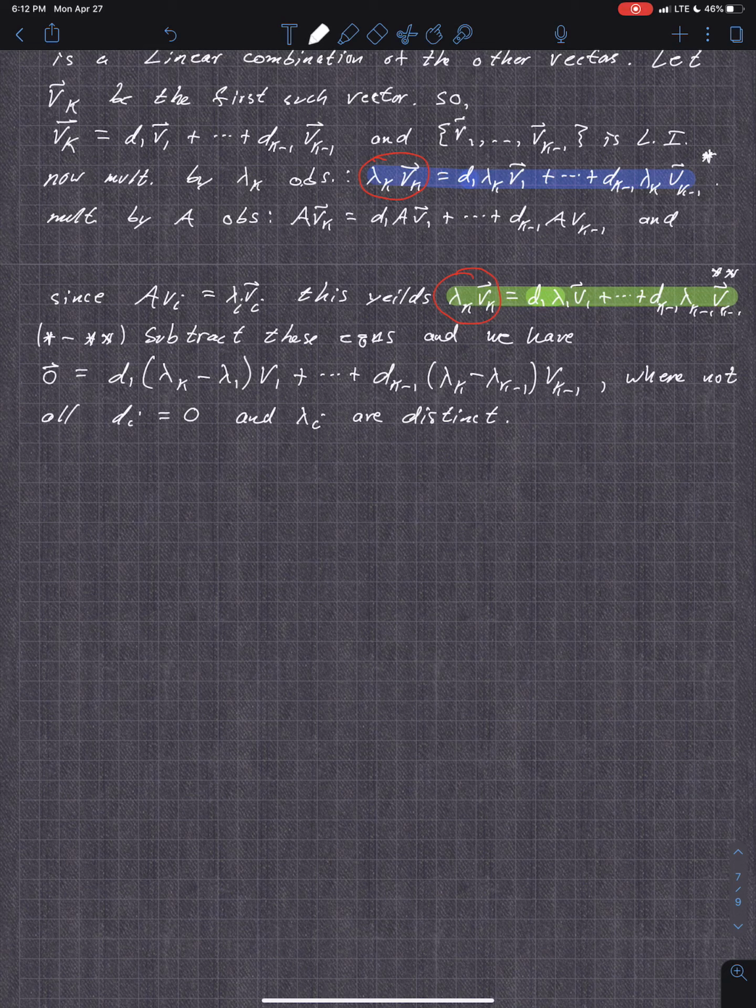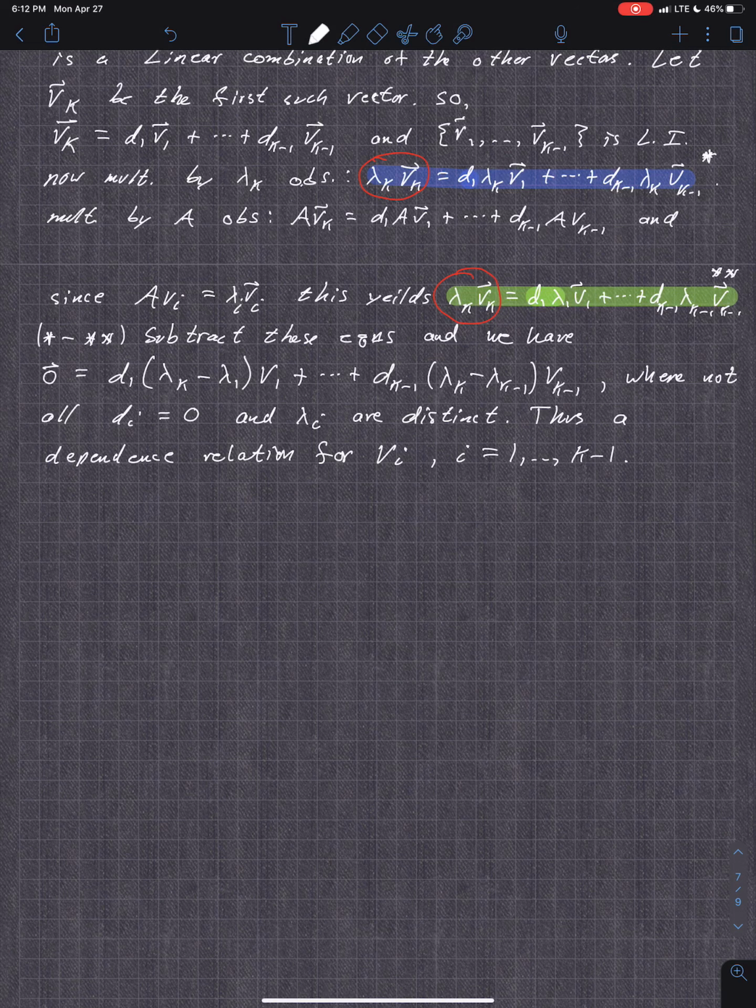Thus we have a dependence relation for the v sub i's where i is 1 to k minus 1.